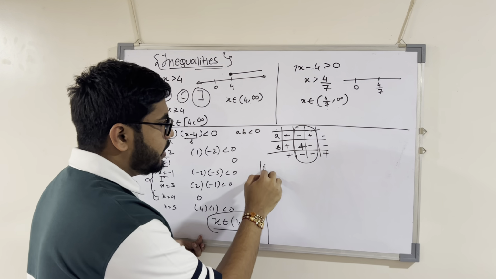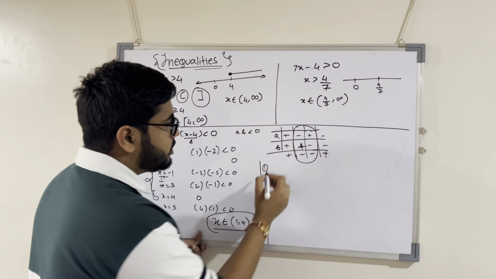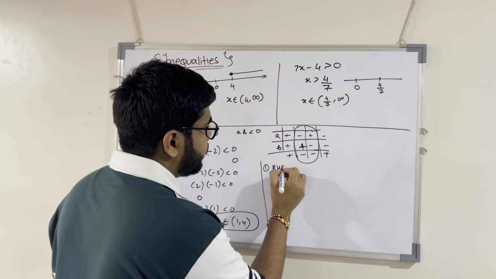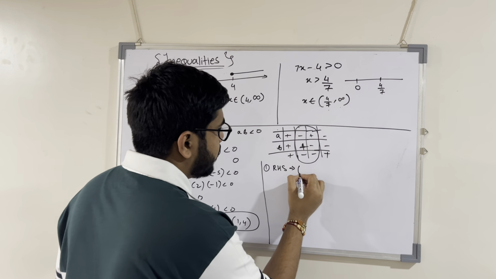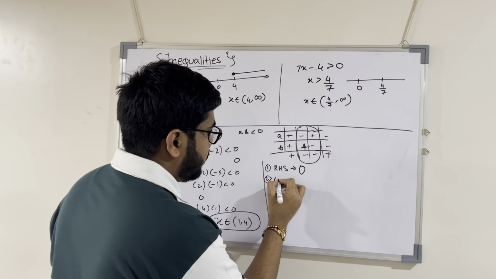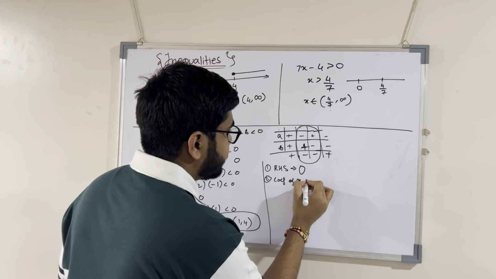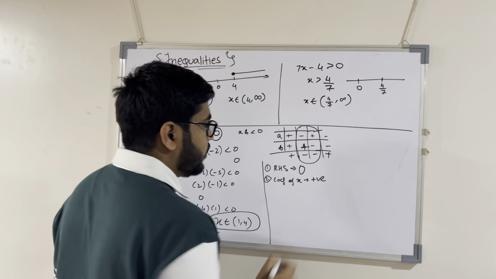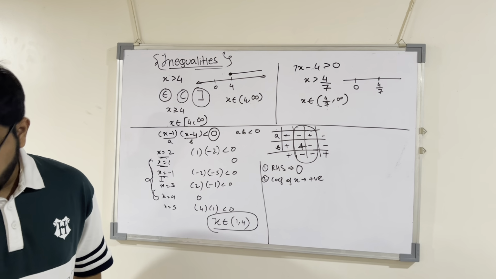So what does the theory say? Theory says if RHS is 0, coefficient of x has to be positive.